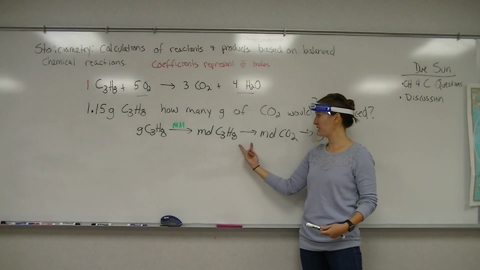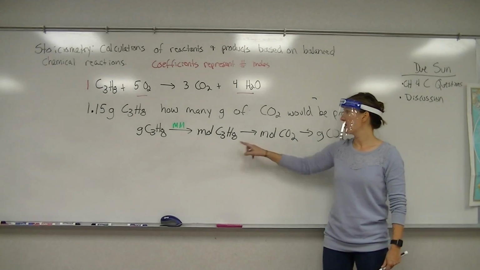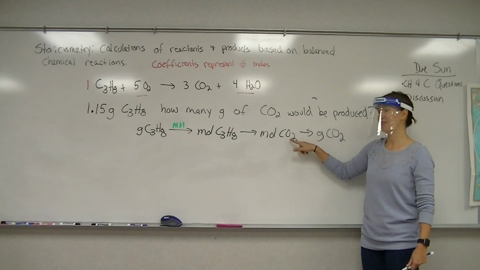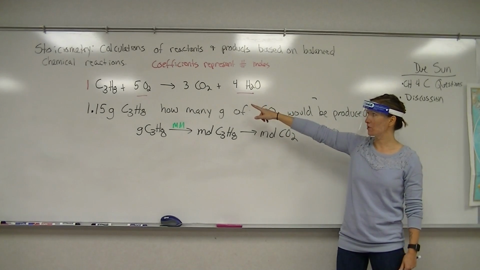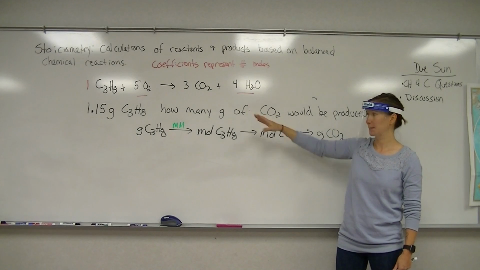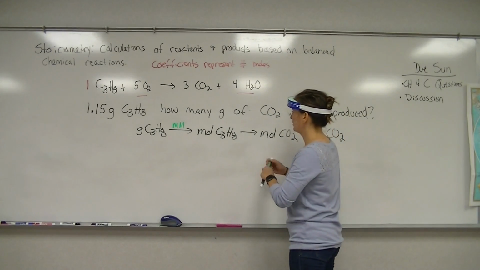Now this step, we're going between moles and moles. But it's moles of one compound and moles of a different compound. So for this, you're using the balanced chemical equation. And we're going to use a mole ratio.